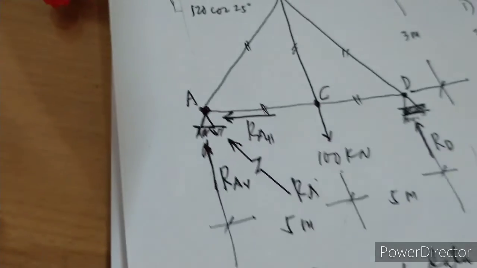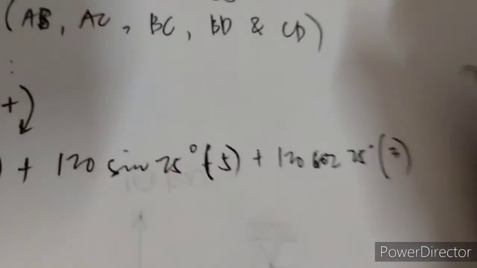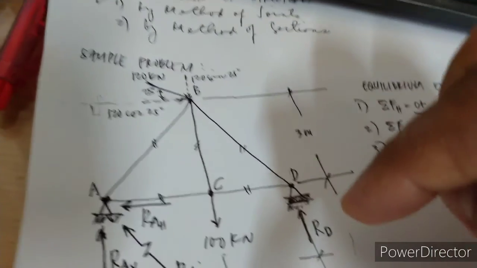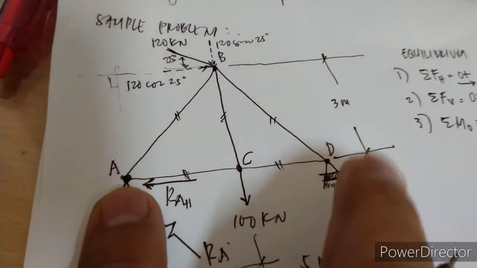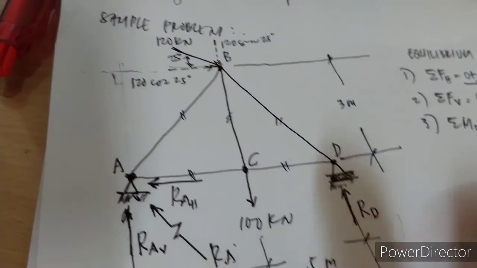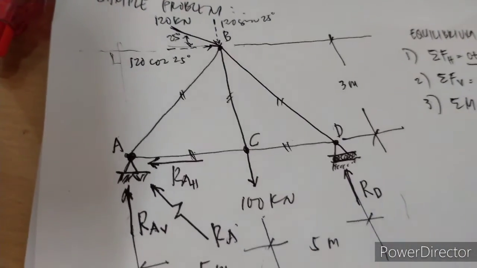And we need to subtract RD because it is acting counterclockwise. Please notice it. From A to there, that's RD, and what's the moment arm?